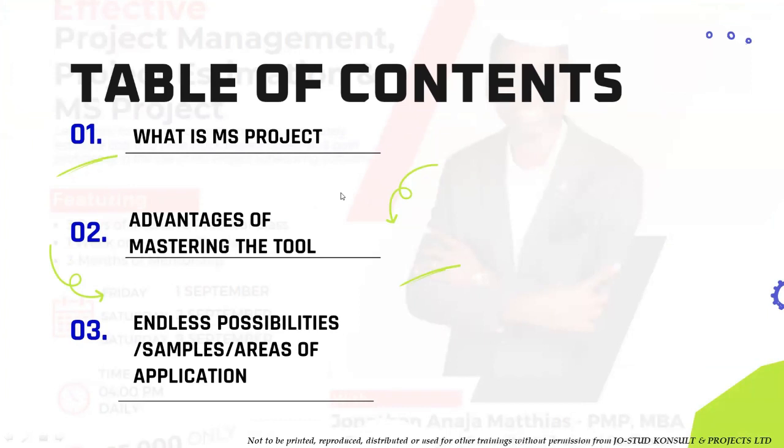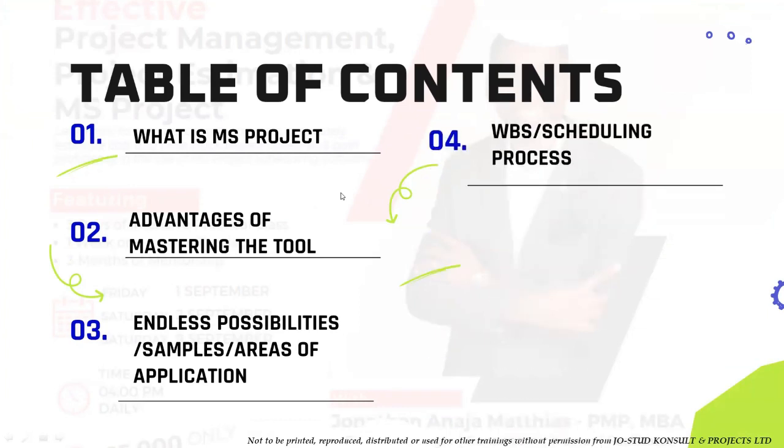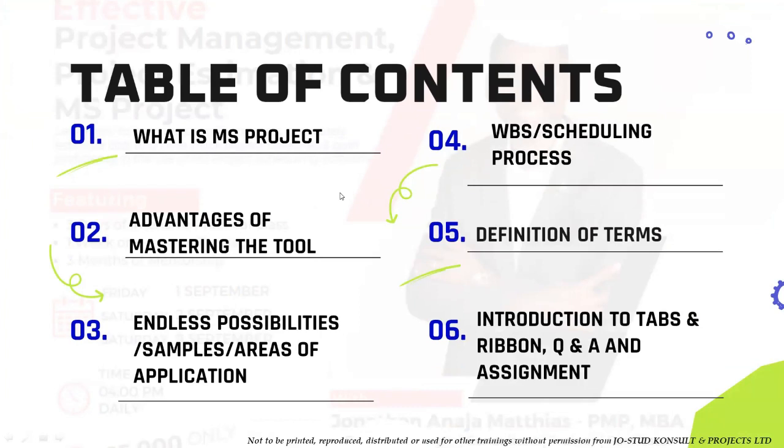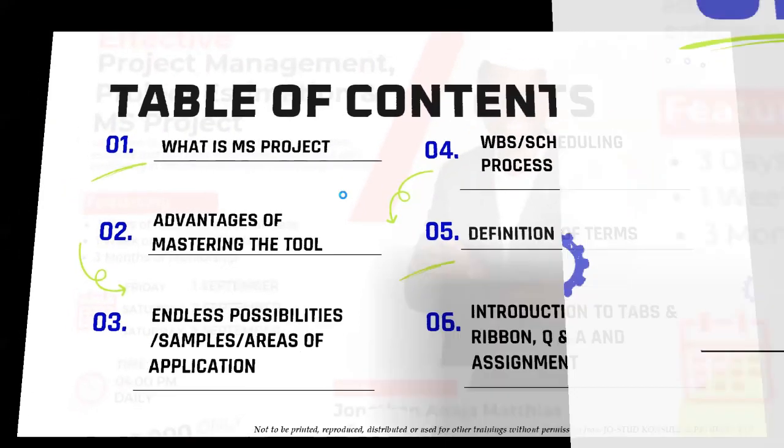I'll show the areas of application of MS Project. Then WBS and scheduling process. I was supposed to touch on that, but I've already touched on this before displaying my slide. Then we'll define some terms that will help you understand how to use the software. Then we move directly into practical, which is introduction to the ribbons and all that.